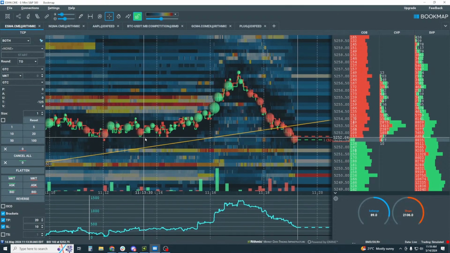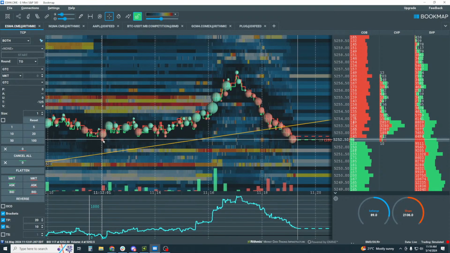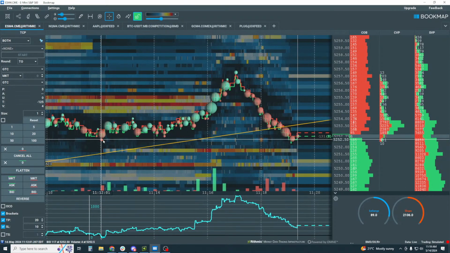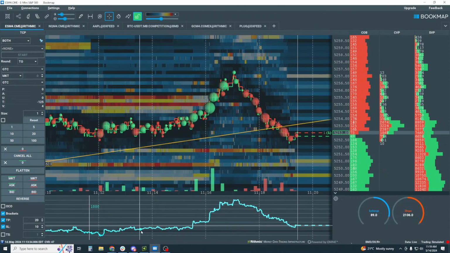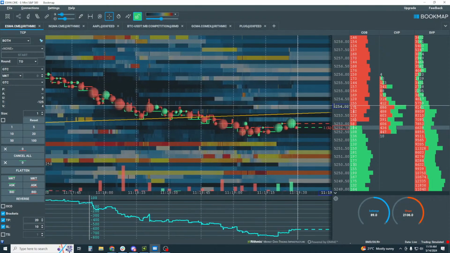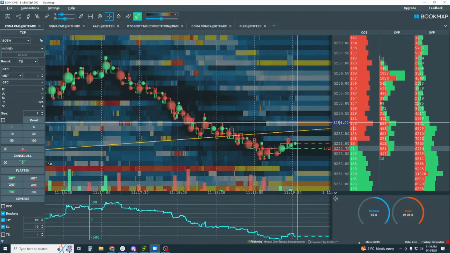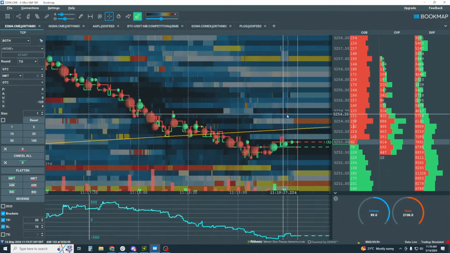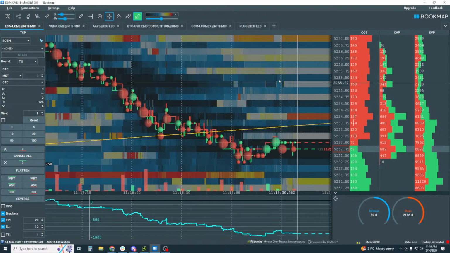Okay, there's divergence down here as well. Here we are. More of an equal low here, but a higher low here. If that's the case and we're trading divergence, then you've got to look for the order flow shift and change in here. Okay, and I don't see it yet.